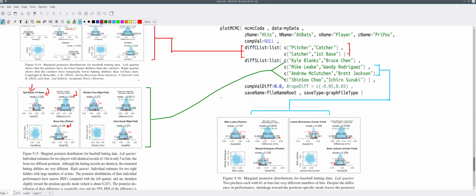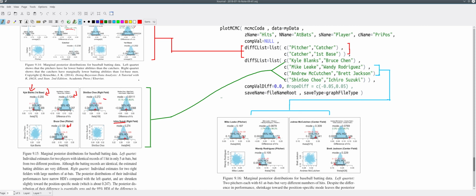Similarly, if we compare these two individuals, Shin-Soo Choo and Ichiro Suzuki, we find the value to be negative, which means that Ichiro Suzuki has a higher mode of the ratio than Shin-Soo Choo. They look very similar, but it's also negative.